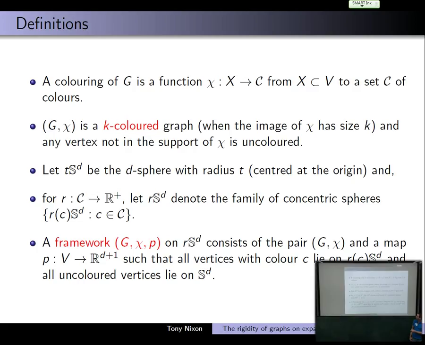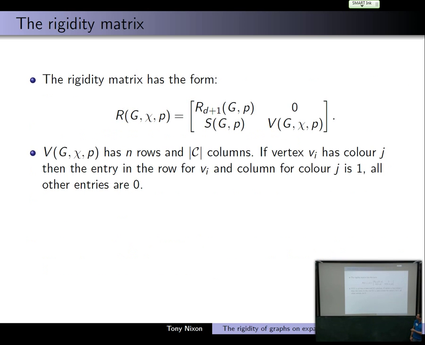So the framework itself is a combination of a colored graph and a realization into the underlying Euclidean space so that all vertices with a particular color lie on the right sphere. So that's the natural thing you would want to do.